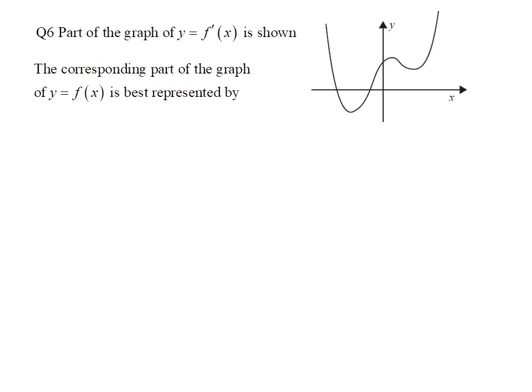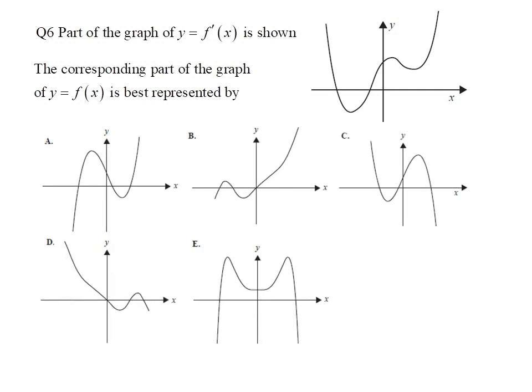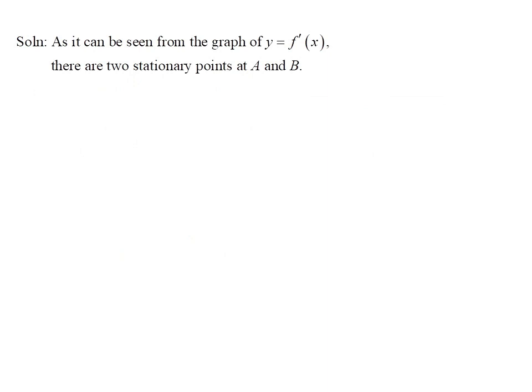Here, question 6 has shown the graph of the derivative function y equals f prime of x. The question here is to find its corresponding graph of the original function f of x. Here we continue to work on question 6.